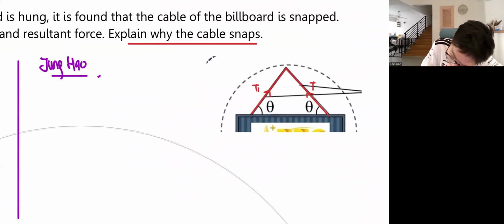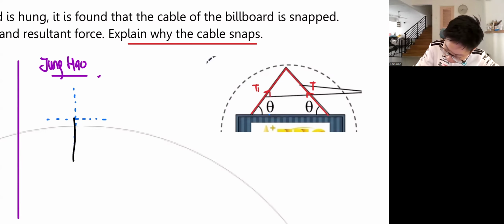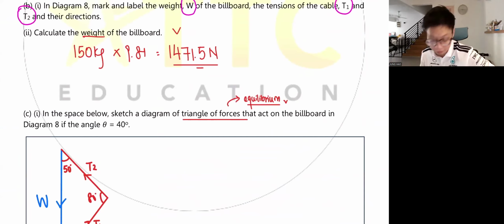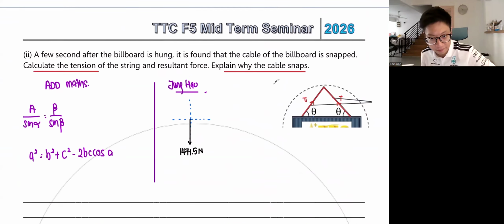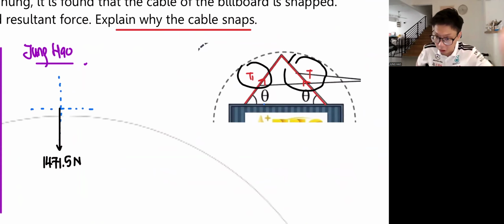JUNGHAO calls this the cross method. What is the cross method? Essentially you have a force that goes down, which is 1471.5, the weight of the billboard. Then we will copy the two lines here into the picture.